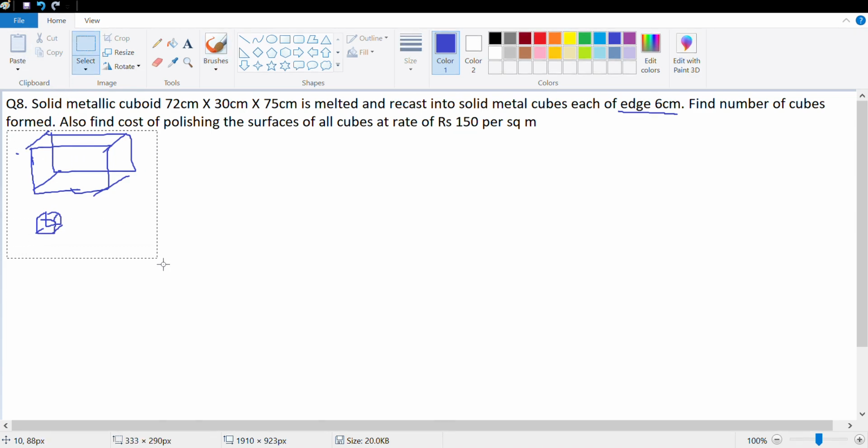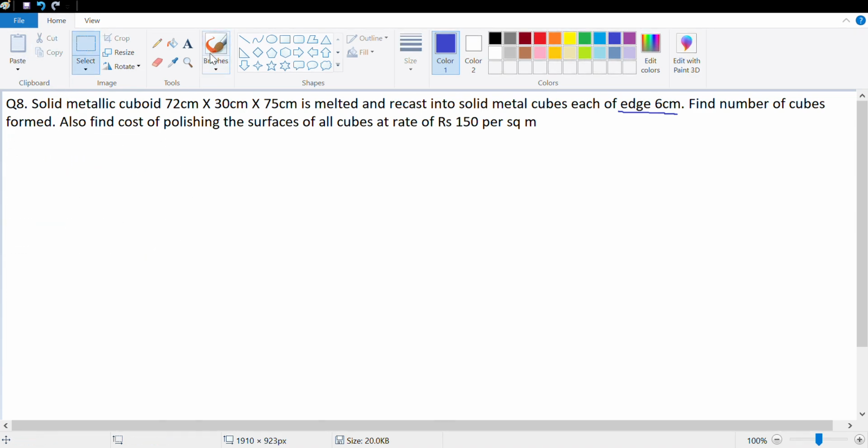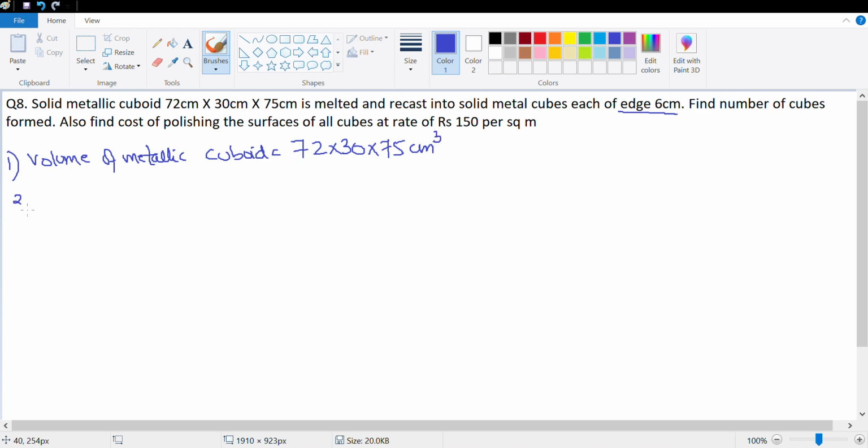So let's just figure out the total volume of the cuboid, figure out the volume of one cube, and then divide. So the volume of the metallic cuboid is equal to length into breadth into height. In this case, 72 into 30 into 75 centimeter cube. Next, the volume of one metal cube.